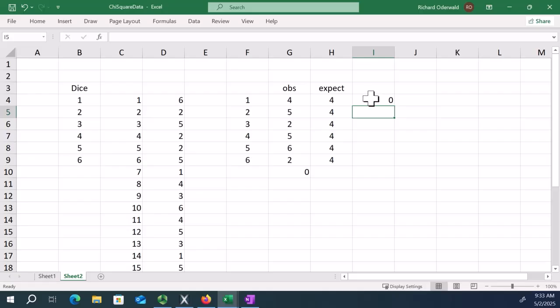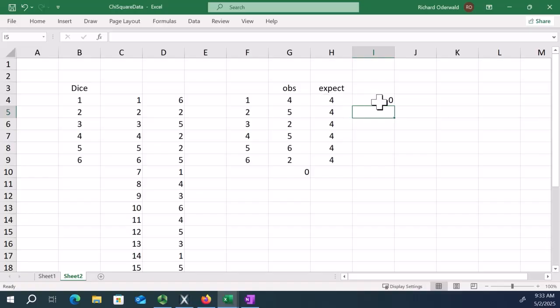Right? In any kind of calculation for the difference between an observed value and an expected value, the calculation is always the observed minus the expected. In this case, it doesn't matter because it's squared. But when you do residuals for a regression or anything else, it's observed minus expected.